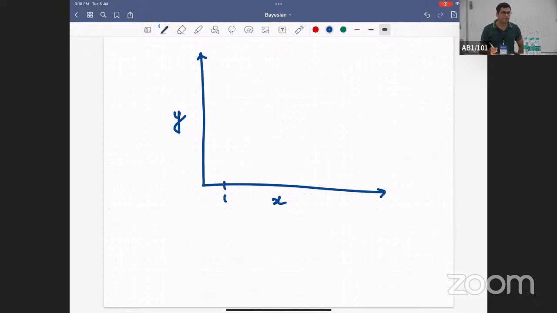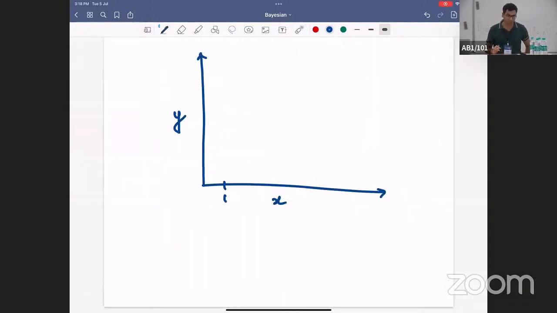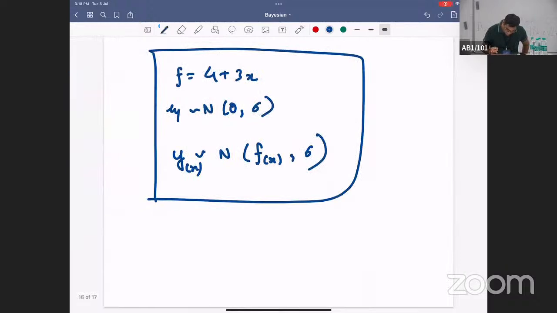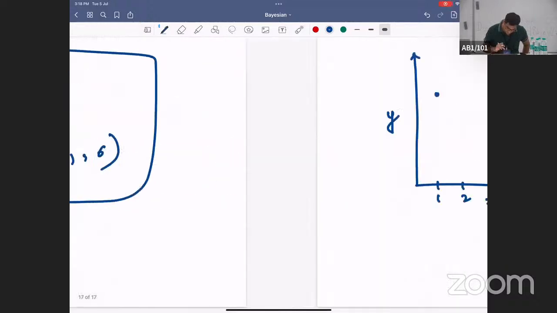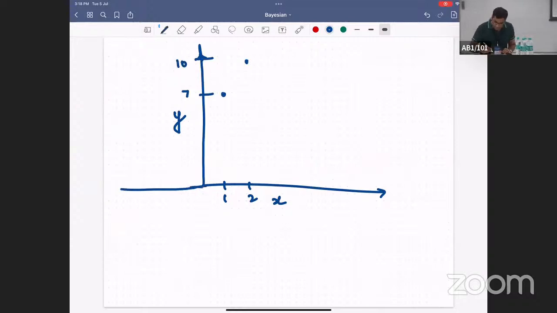What is the value of f? It's 4 plus 3x, so it's 7. So we have f equal to 7. At x equal to 2, we have f equal to 4 plus 3 into 2, 6 plus 4, 10. 7 and 10. Let's just assume that we have more points, something like this. So this becomes our F.